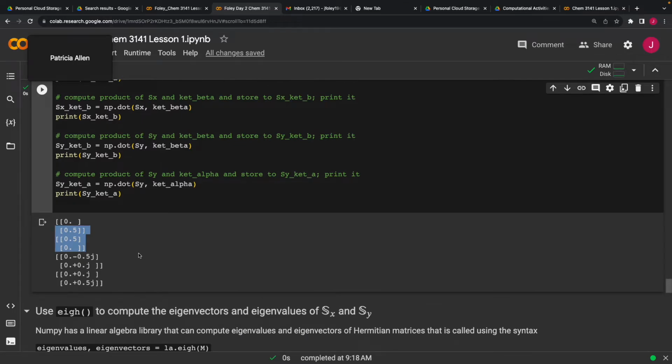All right, and so the same thing happens with Sy, except a little bit weirder. Sy on chi alpha, what it does, we can no longer capture with this two-dimensional axis, because this is only real, this is only real.